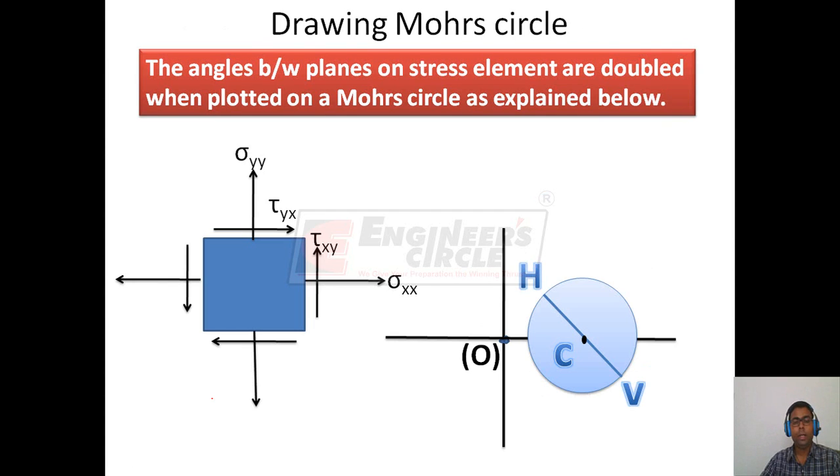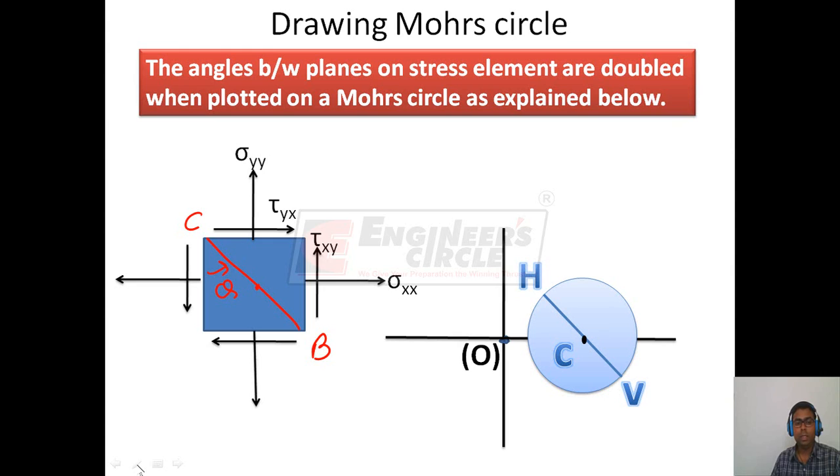Suppose we want to find the stresses on some nth plane. If the stresses on any nth plane making an angle theta with the vertical at this point are to be found from the Mohr's circle, then we have to first locate the plane CB, that is the nth plane, on the Mohr's circle.